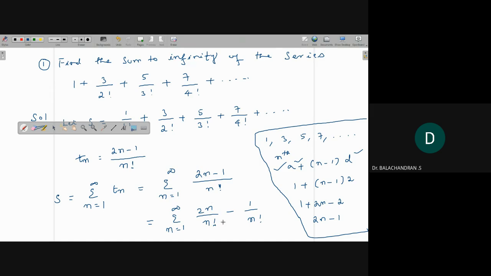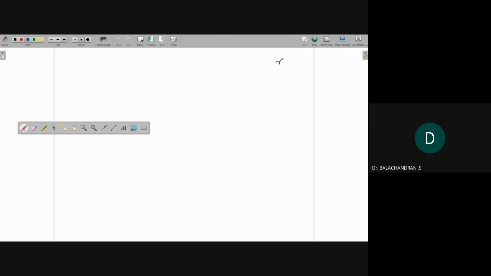N factorial means you know that n factorial equal to 1 into 2 into 3 into 4 into up to n minus 1 into n.